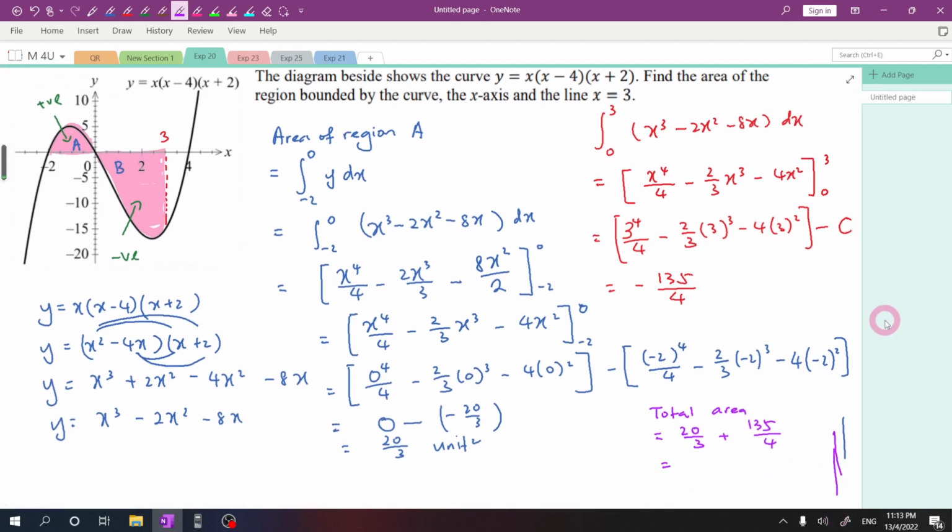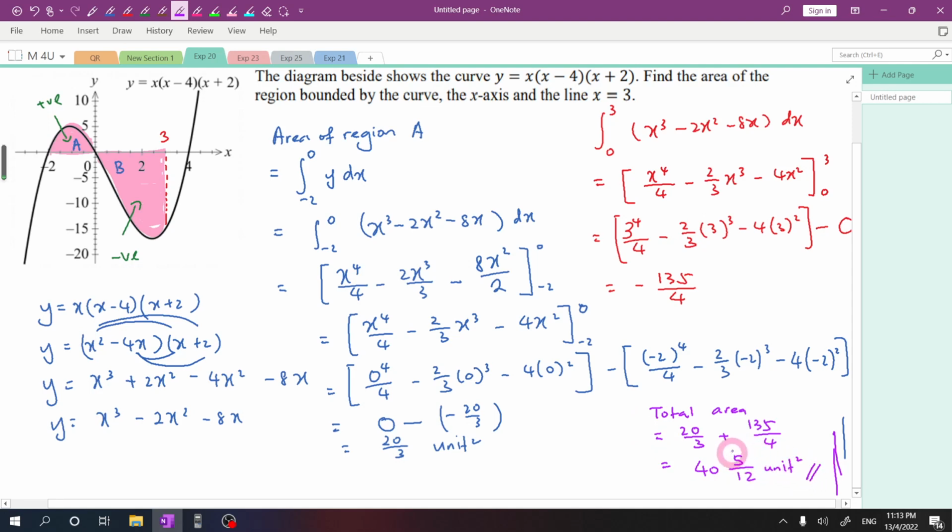Okay, just find the sum of these two numbers. The final answer is 40 and 5 over 12 square unit. Okay, this is the final answer.